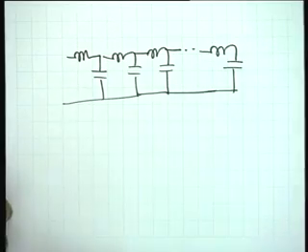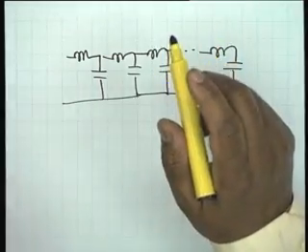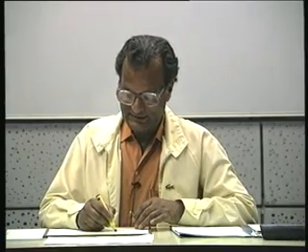Now one can argue, this is the most general form. Suppose the original function Z of S, listen to this carefully, did not have a pole at infinity. Then we start with the admittance. If the impedance did not have a pole at infinity, then it must be 0 at infinity.